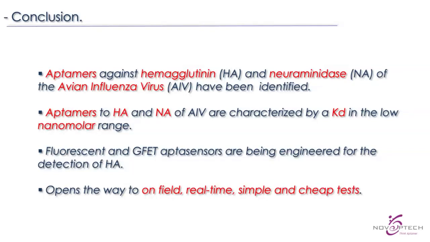The goal is to have these measurements carried out by non-specialized technicians, and the results will be obtained in real time thanks to the transmission of the signal to a cell phone. This is true for the Goya Lab spectrofluorimeter and for the GFET aptasensor. The method for measuring is very simple, and the test will be a very cheap one.